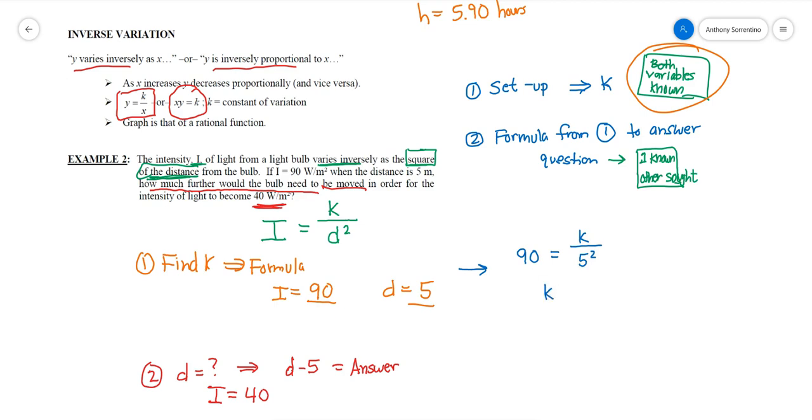So my constant of variation is going to be 90 times 25, which equals 2,250.